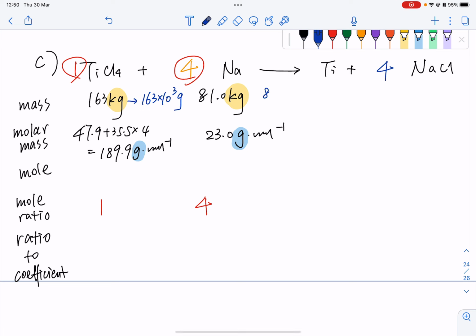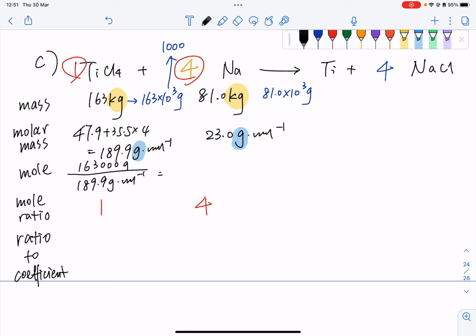I won't write it all out, so I simply use scientific notation to represent that. Alright, now I know the grams, I know the molar mass, I should be able to calculate the mole, right? This one should be 163,000 grams divided by 189.9 grams per mole.